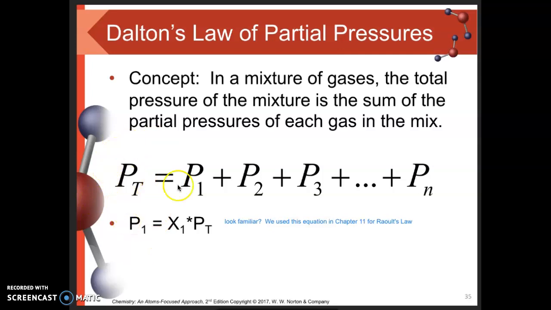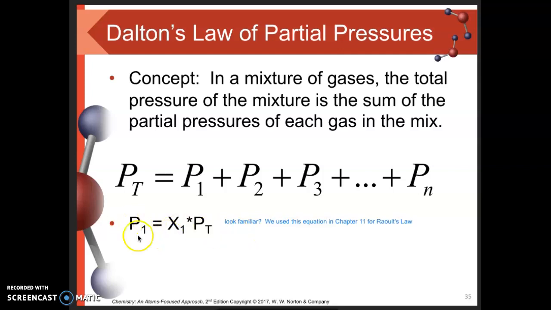Now, if I want to know any of the individual pressures along the way, all I have to do is take that total pressure, the thing that we measured, and multiply it by the abundance, the mole fraction of the component that I'm interested in. And that would give me the individual pressure associated with whatever the substance is.